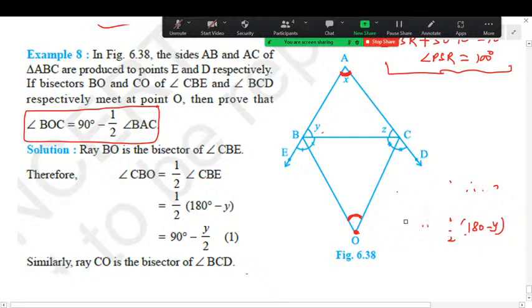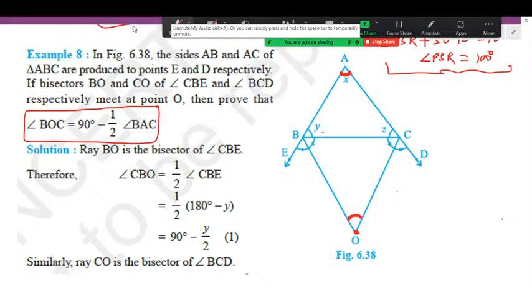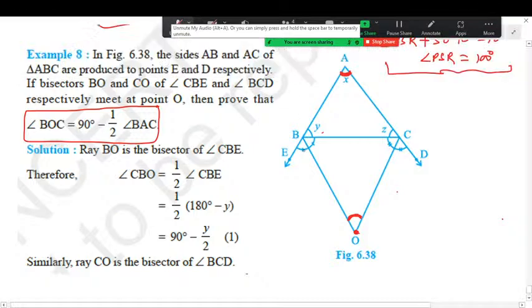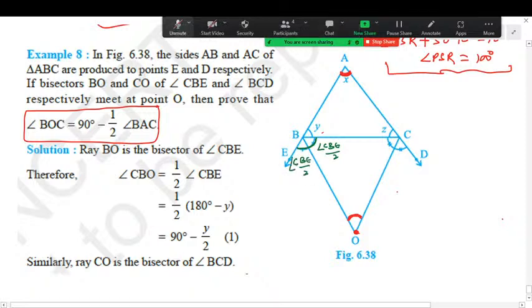First, if I'm telling you that you have just bisected something, that means you have divided it into two equal parts. If I say that I have bisected this entire angle, that means this angle is half of CBE, and this angle is also half of CBE. Now, if I tell you that my angle Y and my angle CBE are a linear pair, you will say that they must sum to 180.